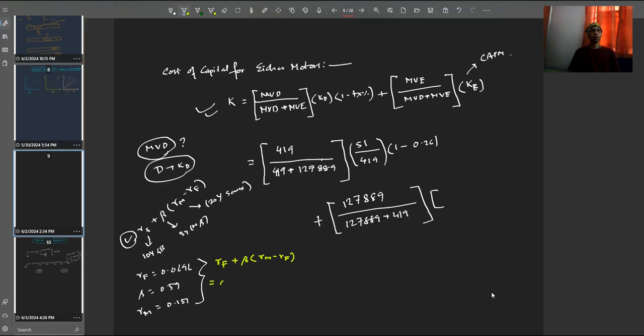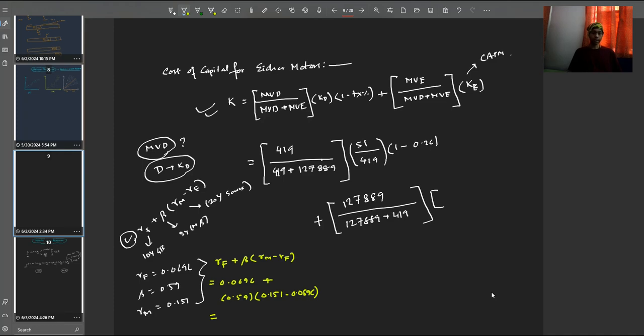This is equal to 0.0696 plus the second expression is 0.59 multiplied by 0.151 minus 0.0696. Let us calculate it, friends. 0.151 minus 0.0696, this is equal to 0.0814 multiplied by 0.59.